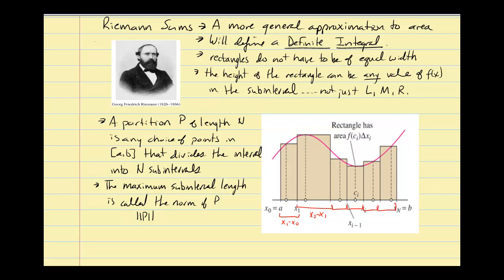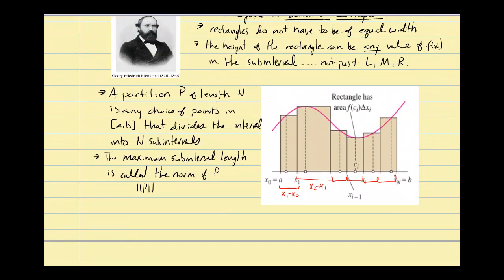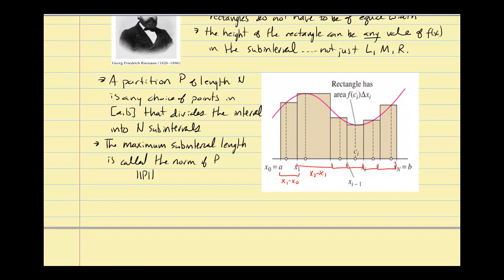Now what we like to talk about is the norm of a partition. The norm of all the partitions is basically the widest rectangle. So in this particular case, the widest rectangle definitely looks to be x2 minus x1, so I would call this the norm of the partitions. What we like to do then is take this width and have it go towards 0.